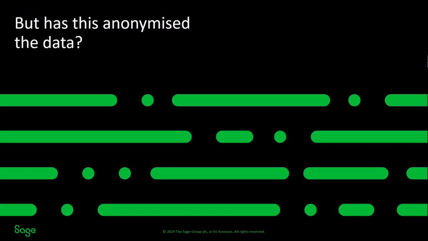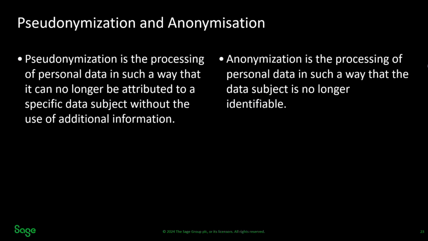Has that anonymized the data? Well, this is a yes and a no, because it really depends on what else has happened. So, for example, you've got two ideas here, pseudonymization and anonymization.